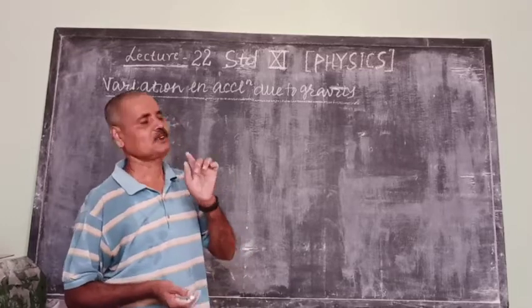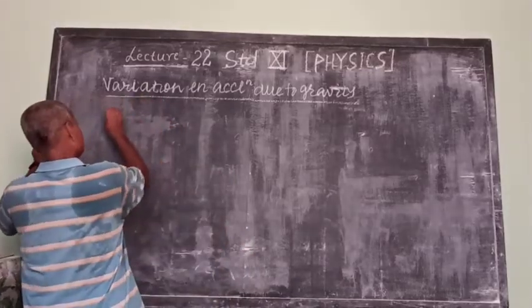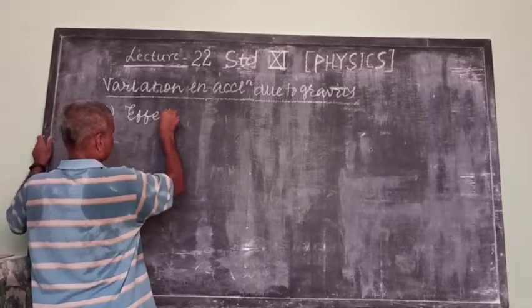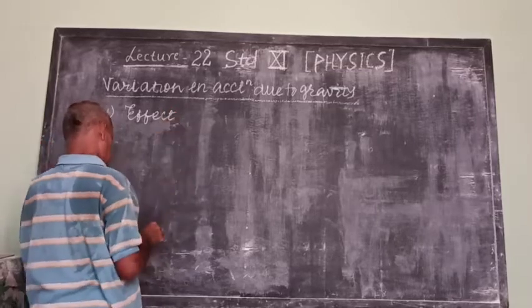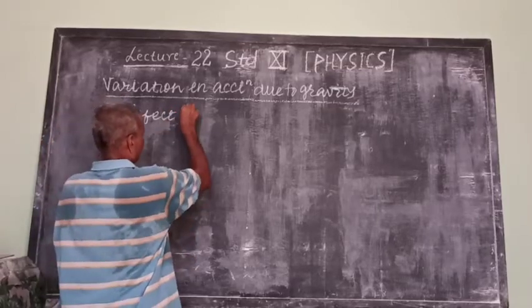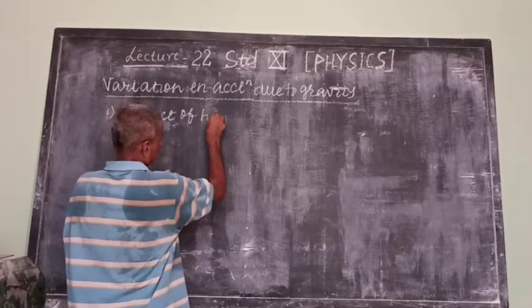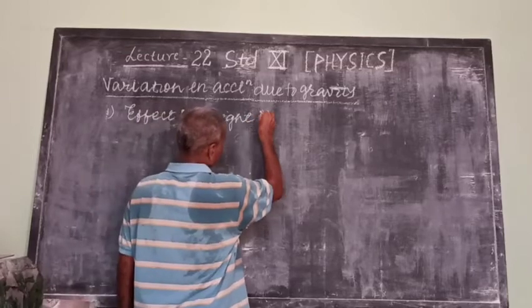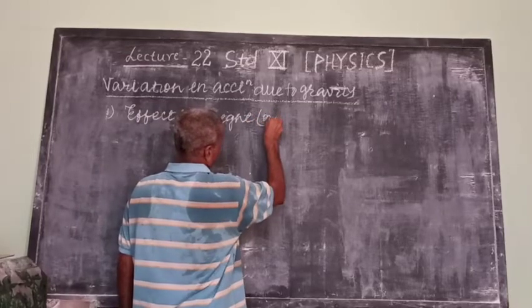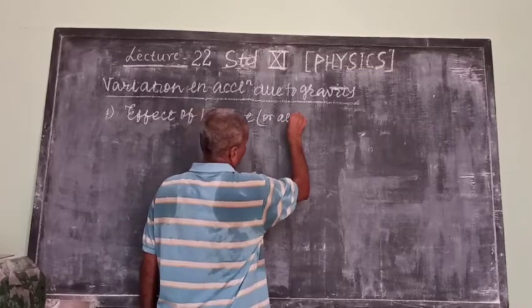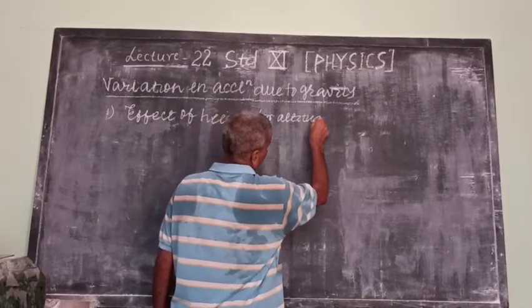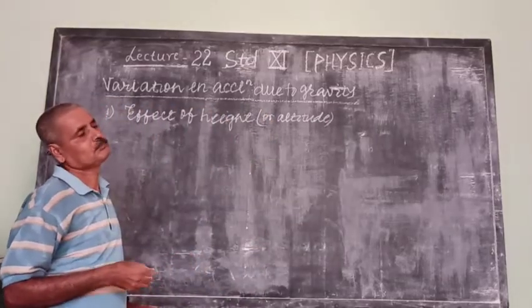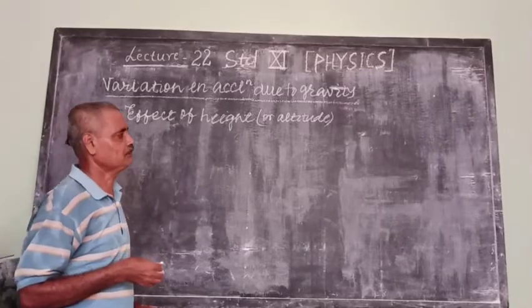So, first item we can write effect of, it depends on two factors, effect of height or altitude. Variation in altitude, how the acceleration due to gravity will vary.